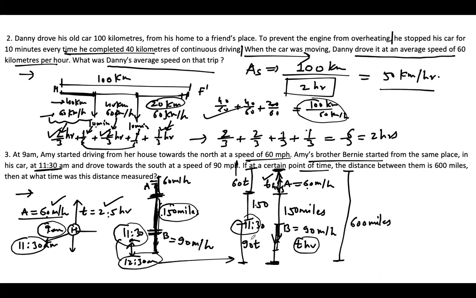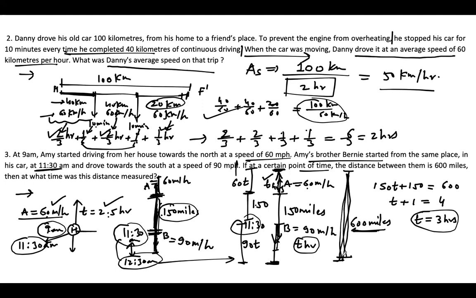Can we not make an equation? 60T plus 150 plus 90T, which is 60 plus 90, is 150T. 150T plus 150 is equal to the total distance. You already know 600. Divide the whole equation by 150, you'll get T plus 1 is equal to 4. So T comes out to be 3 hours. So if the distance between them is 600 miles, when will it be?